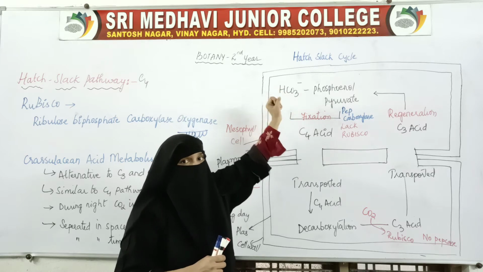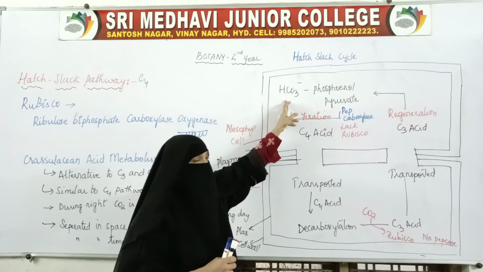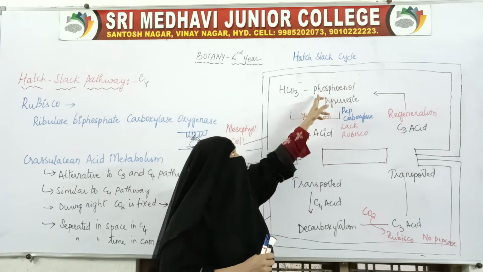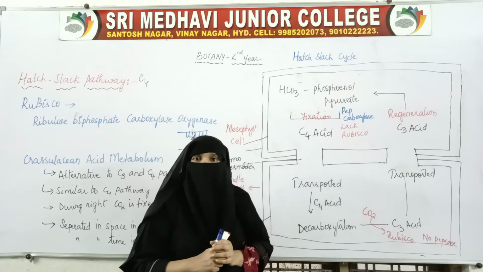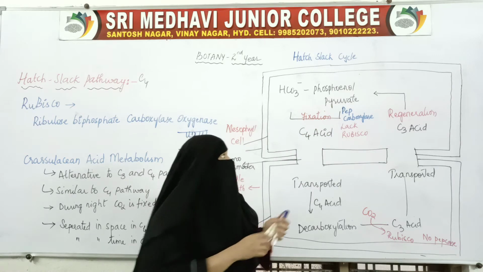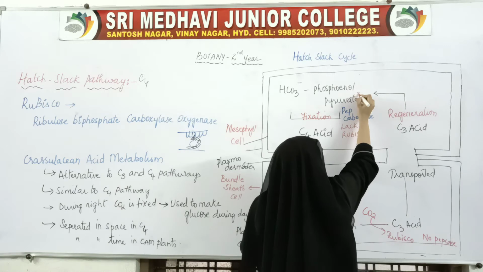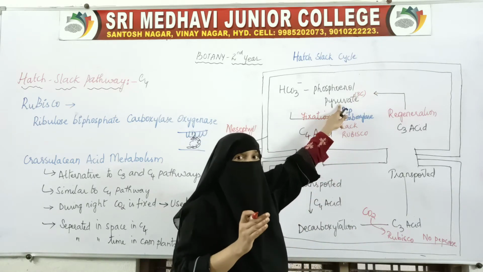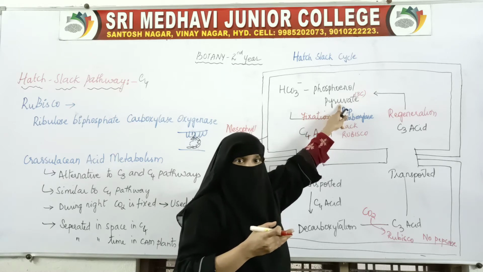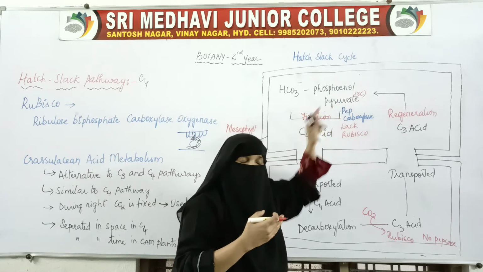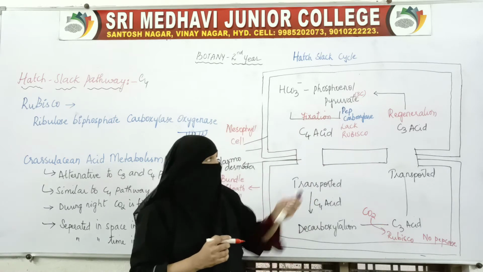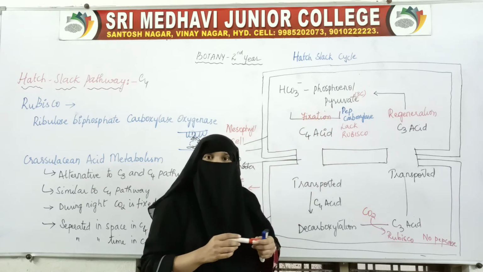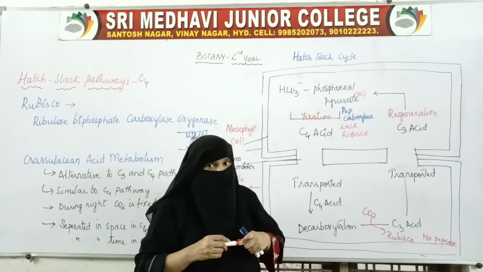Here a 3 carbon compound, phosphoenol pyruvate, which is already present in the mesophyll cell, is involved. Phosphoenol pyruvate is a 3 carbon compound, and it will already be present inside the cell.